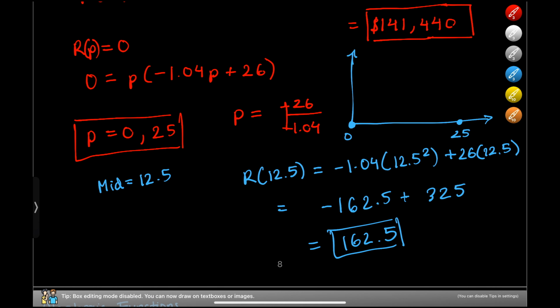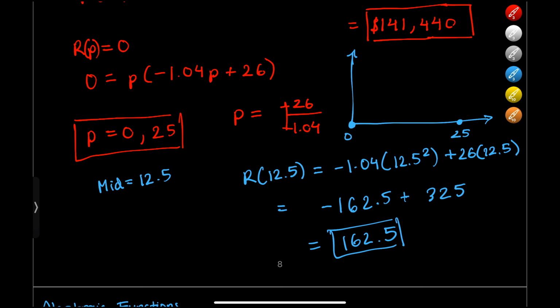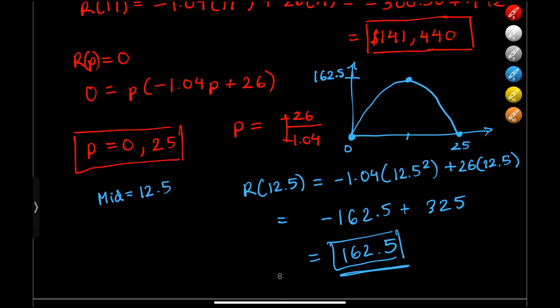And this value, by the way, is in thousands of dollars, but we're going to keep it like that. And then we could have 162.5 over here, and this is 12.5. This is the middle, and so our parabola is going to look something like that. So this is the graph, and this answers part C.